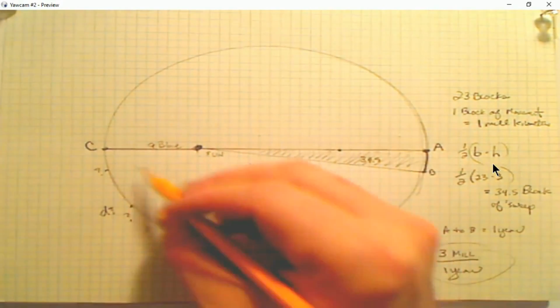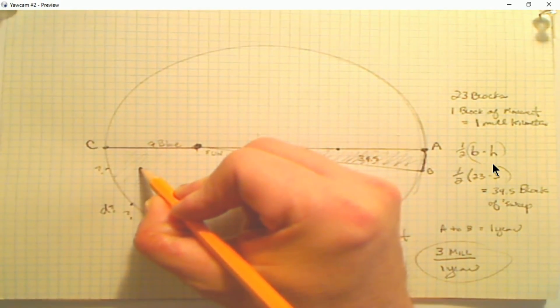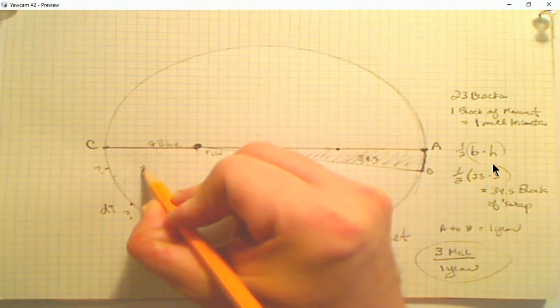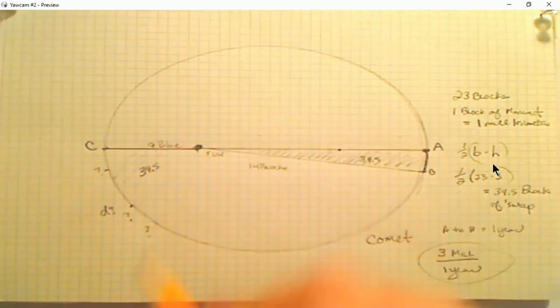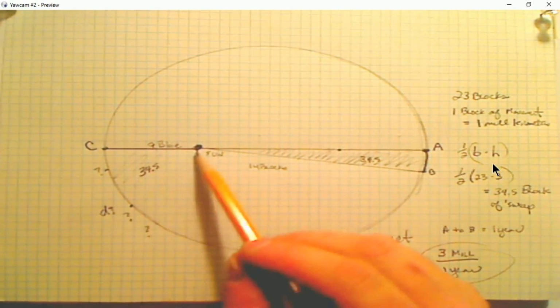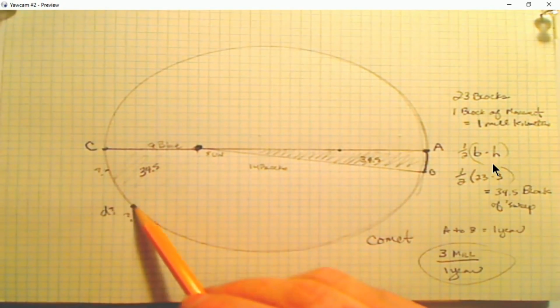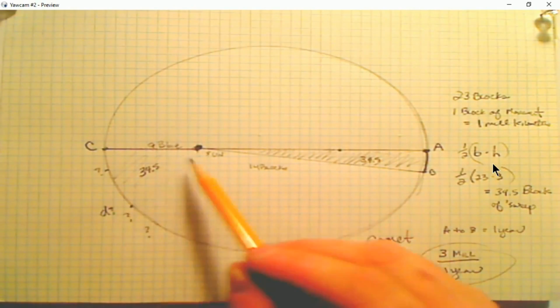You want the sweep out, the area that's swept out, to be the same, according to Kepler's second law, 34.5 blocks. Now you can count them there, do the math that we just did before. You're going to get an estimate naturally since this is a curve and it won't be a straight triangle, but you get the idea.